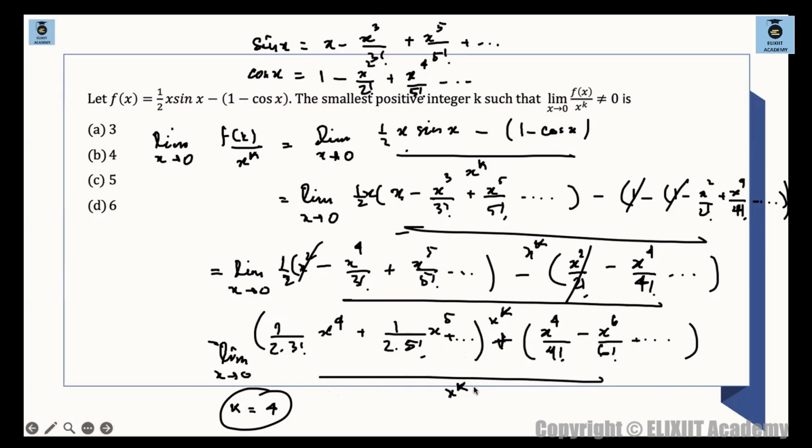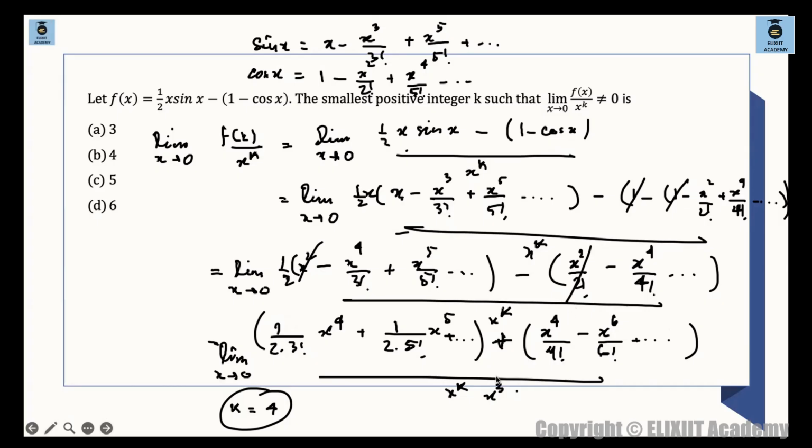If k is 3, then this will become x cube, and once you divide this thing, one of the x will remain over here, and as x tends to 0, all these will become 0. Getting my point? All these terms will contain x, and all these will become 0. And the answer you will end up getting is 0.